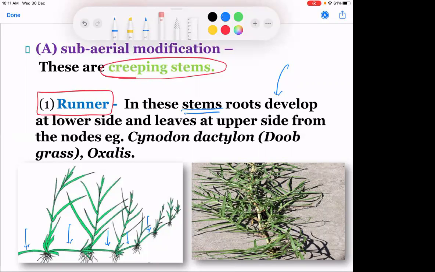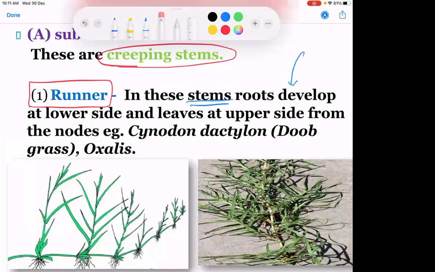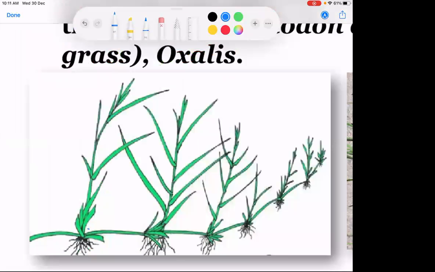Now if you see, at regular intervals they have nodes. This is node number 1, this is node number 2, this is node number 3, this is node number 4.